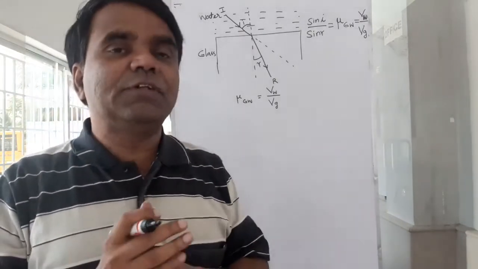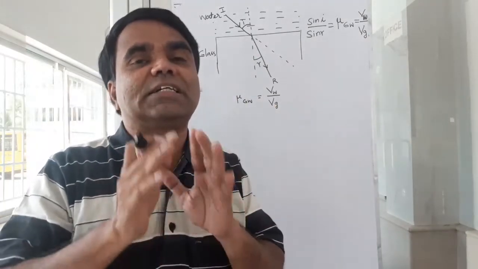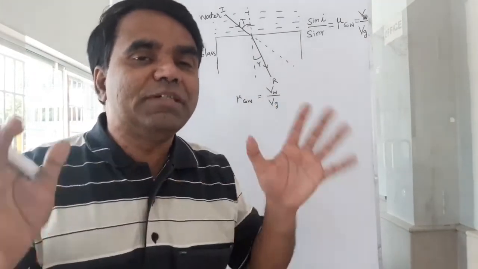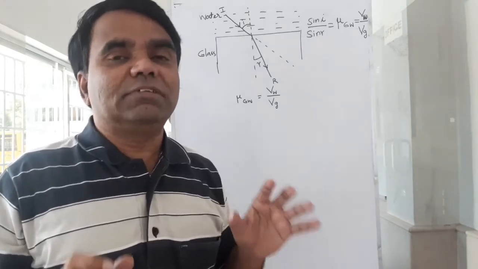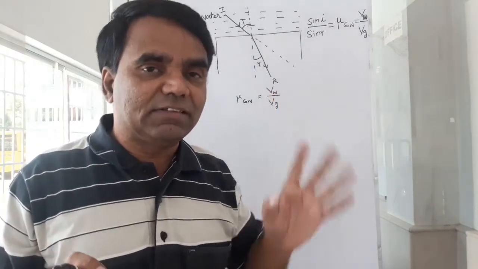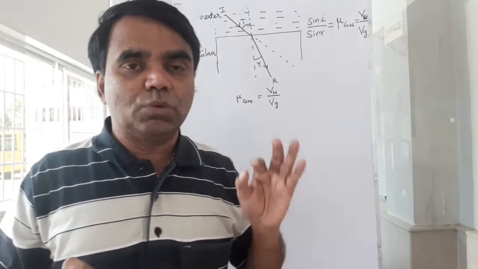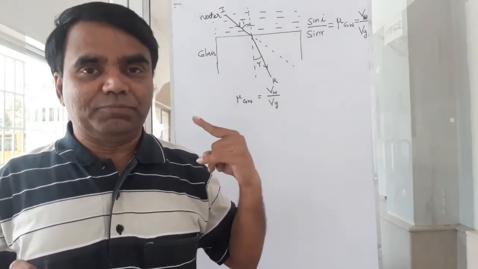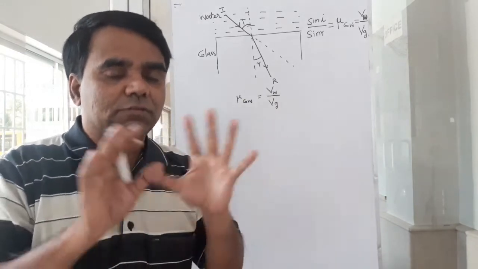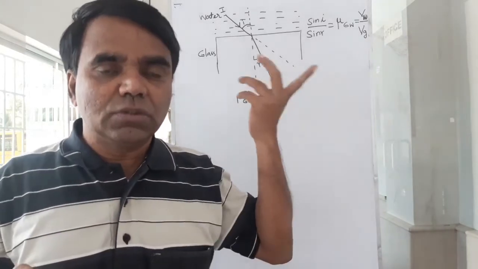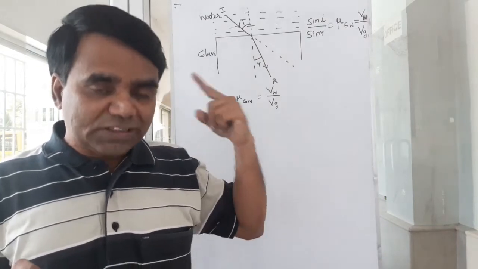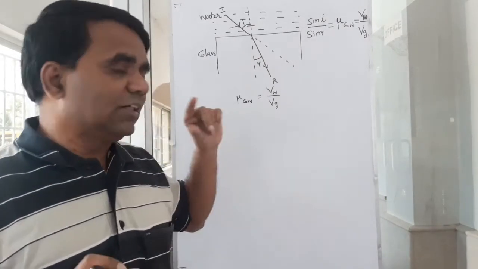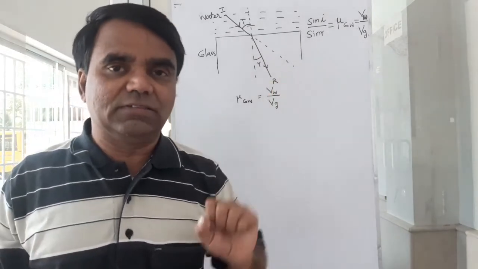Well, I've told you that when you generally talk about the refractive index of a medium, when you say the refractive index of water is 1.33, it is always with respect to vacuum or air. The perfect definition is with respect to vacuum. With respect to vacuum, the refractive index of water is 1.33.